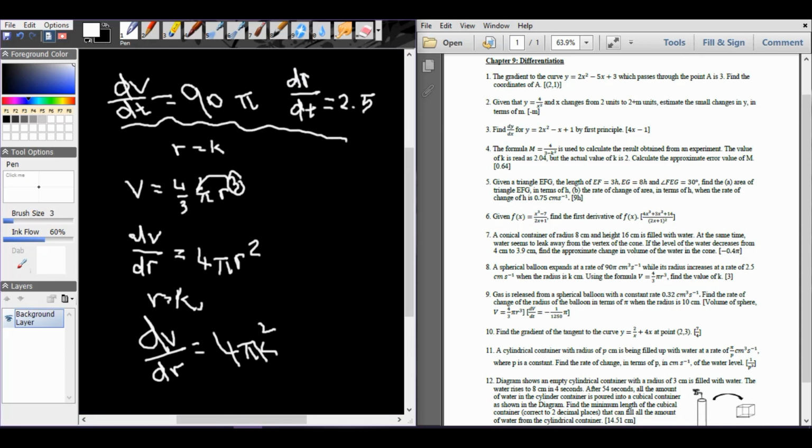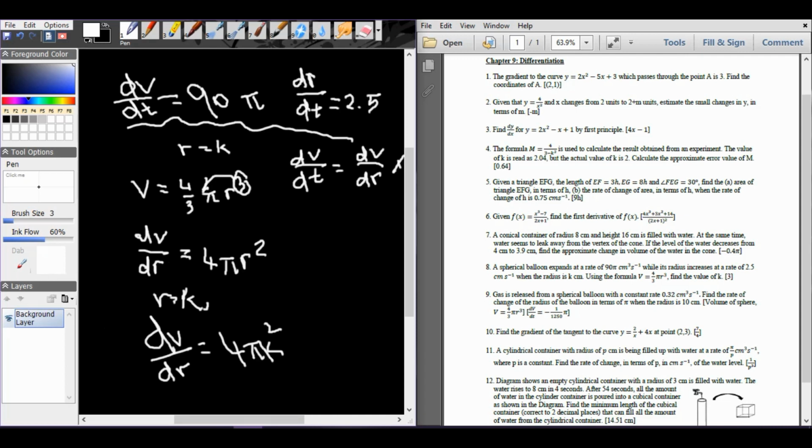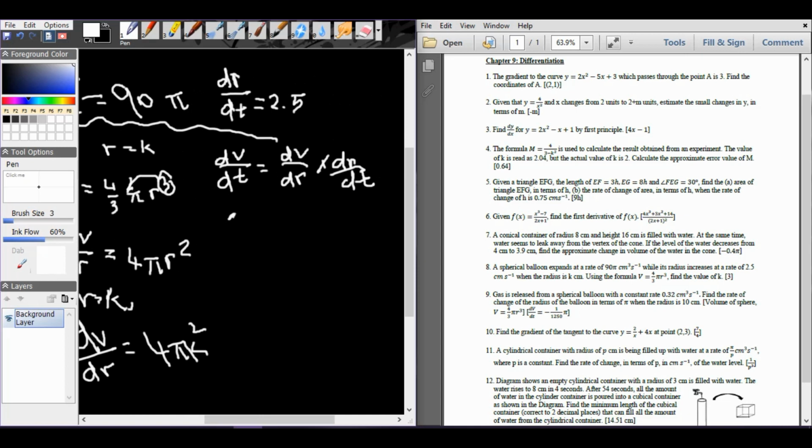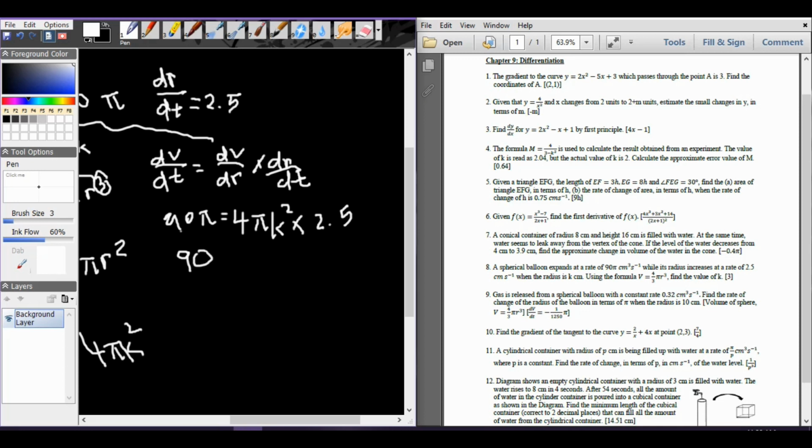Then by using these two formulas and also the chain rule, dV/dt equals dV/dr times dr/dt. dV/dt equals 90 pi. So 90 pi equals dV/dr, which is 4 pi K squared, times dr/dt, which is 2.5. 90 pi equals 4 pi K squared times 2.5, which is 10 pi K squared.